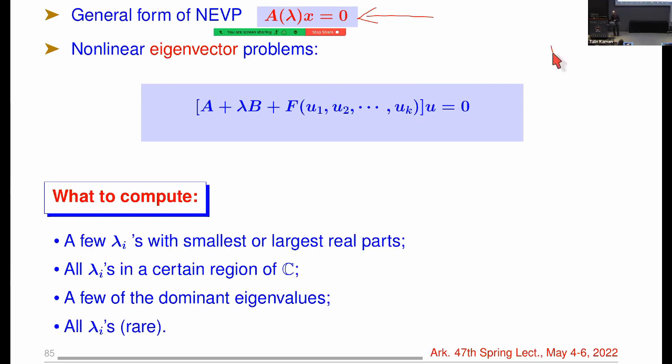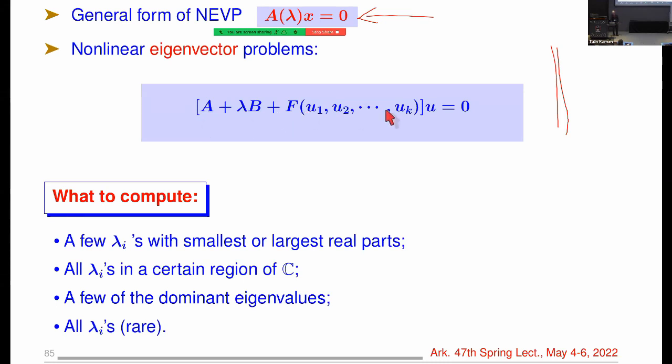But for the kind of problems you see in quantum mechanics, they tend to be like this rather. So it's A plus lambda B plus a certain function of the eigenvectors times u equals 0. And these are the eigenvectors that are involved in the computation. So for example, the Kohn-Sham version is exactly like this.